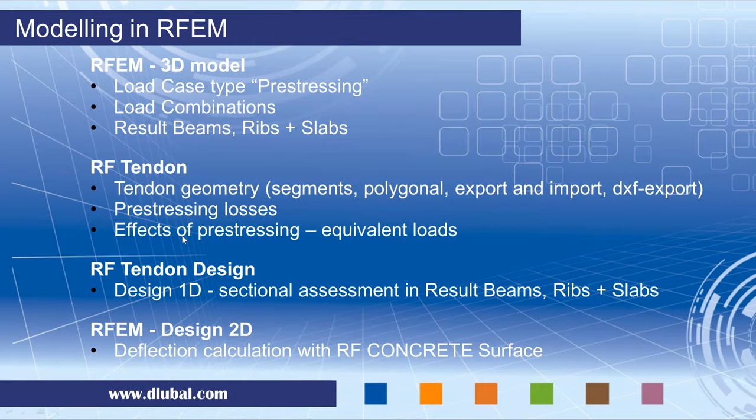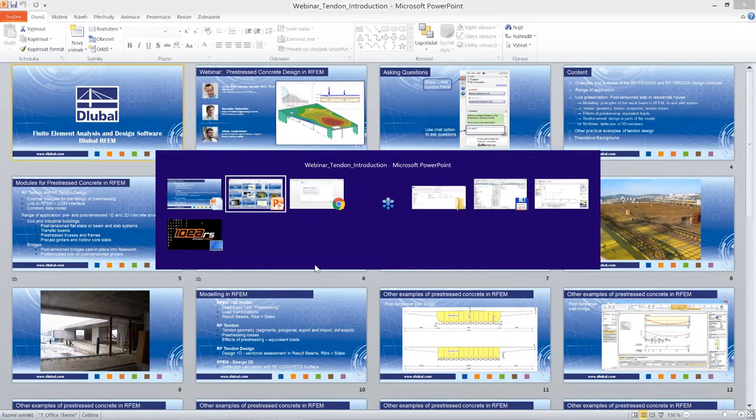After RF-TENDON, I will show RF-TENDON design, and we also have the possibility to use all other functionality of RFEM, like the nonlinear analysis of the slabs and so on. We have it already here.